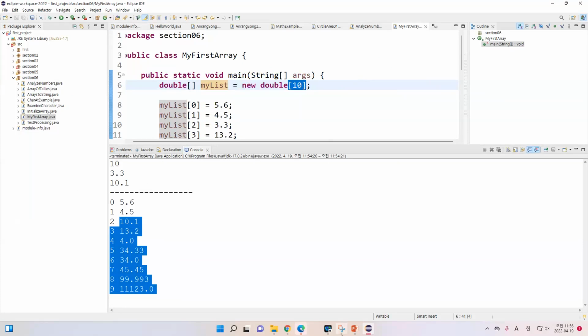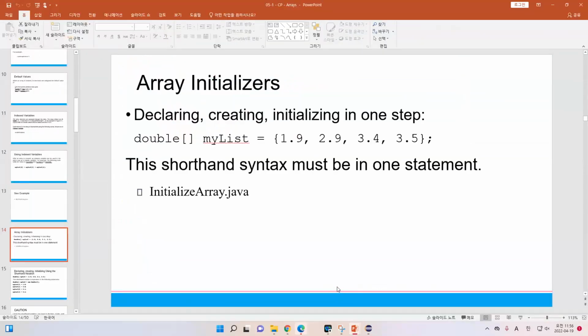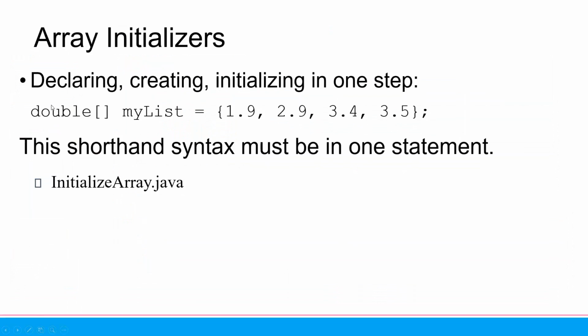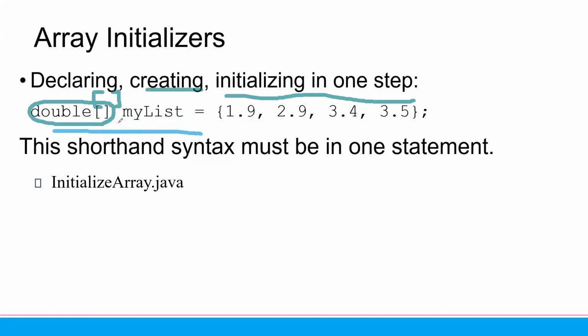But I can do something else with this kind of array initialization. If I want to do the declaration, creating, and initialization in one step, I can declare the double with the square bracket, and then I have the variable name mylist.